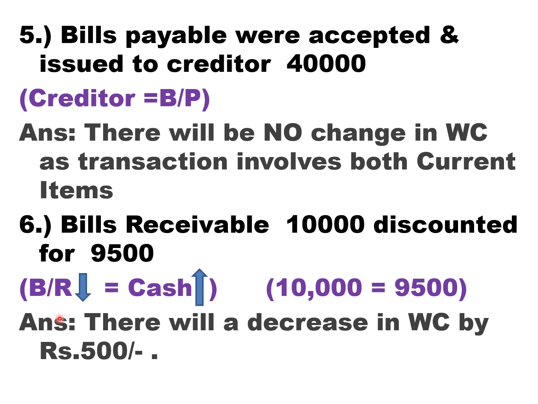BR is a current asset, cash is a current asset. Both are current assets, but 500 rupees is lost, so there will be a decrease in working capital. Why? Because BR decreases by 10,000 and cash increases by 9,500, so the net decrease is 500.